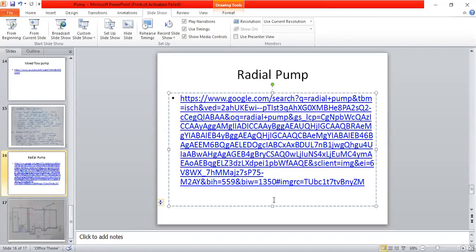In that, it is very systematically shown for all subjects which lecture is scheduled at what time, which lecture was covered on which date, and the Zoom link of the lecture, and then additional notes, additional PPTs, MCQs, and assignment.